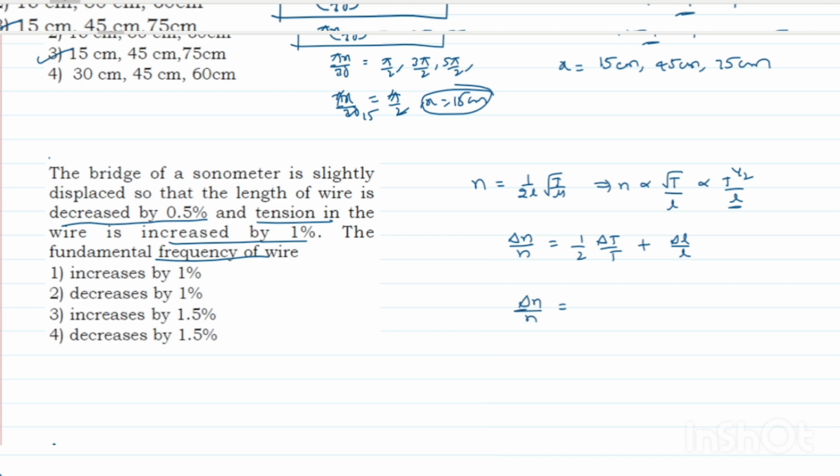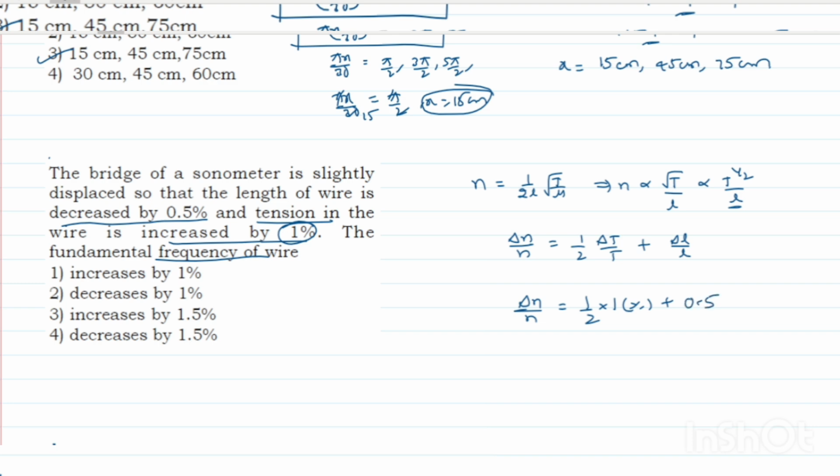Delta n by n equals 1 by 2 into delta T by T, where the tension in the wire is increased by 1%, plus delta L by L. The length is decreasing by 0.5%, so take delta L by L as 0.5.